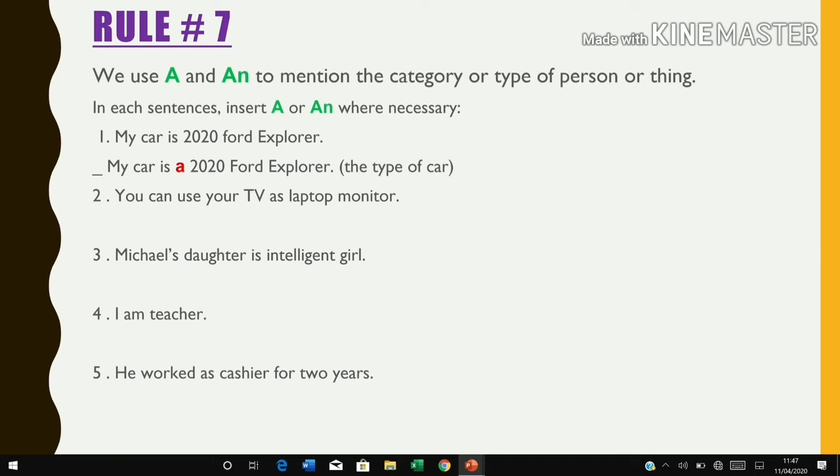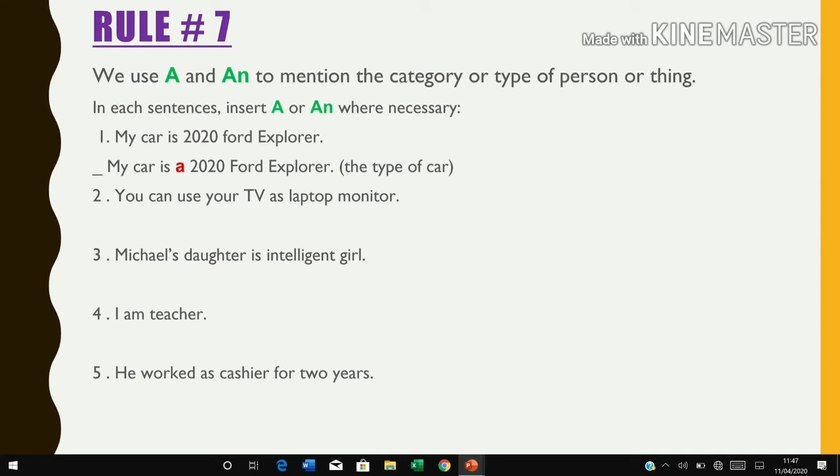All of these sentences are missing articles. I want you to put an "a" or "an" in the correct place in each of these sentences. So now you think about your answer. Now I'm going to explain, because there are no students here, so I'll explain by myself.